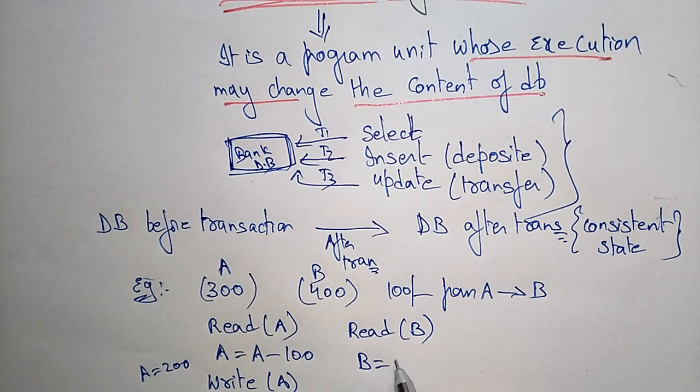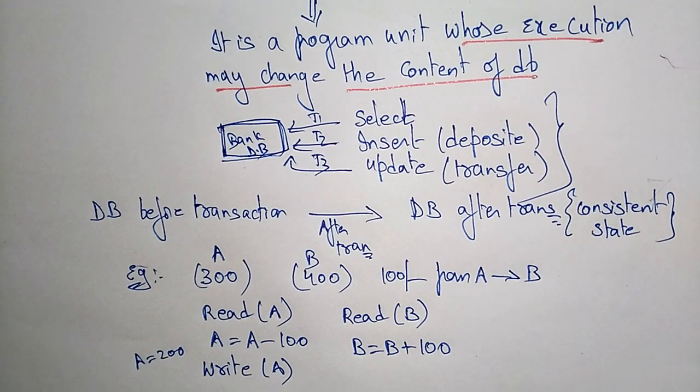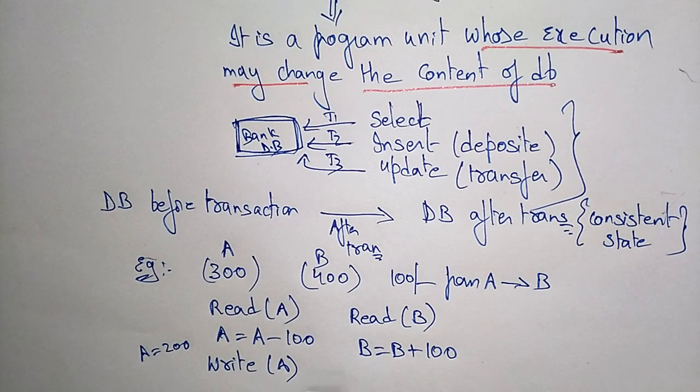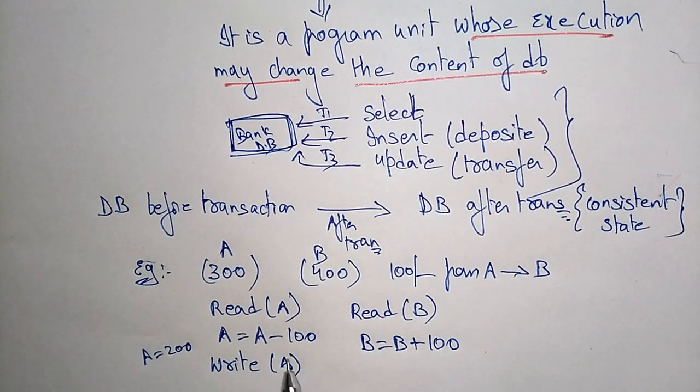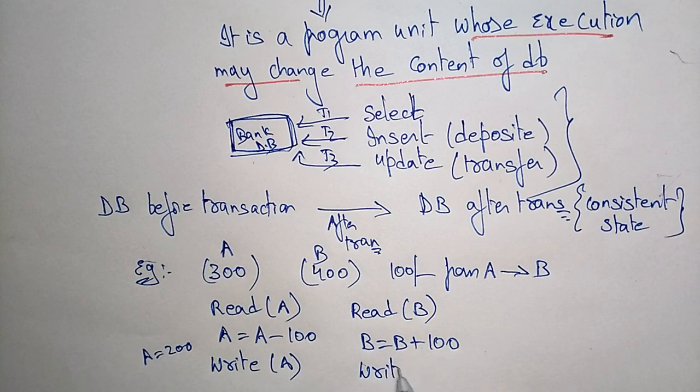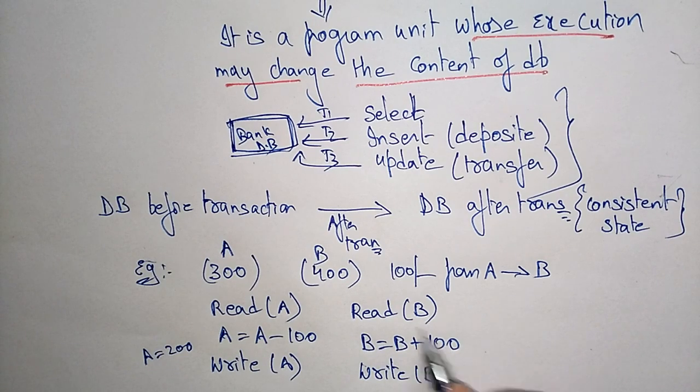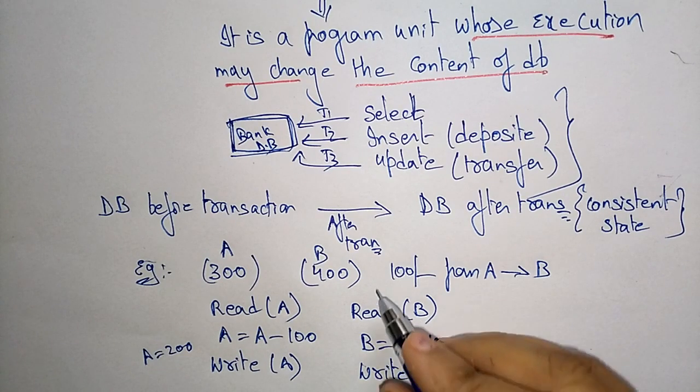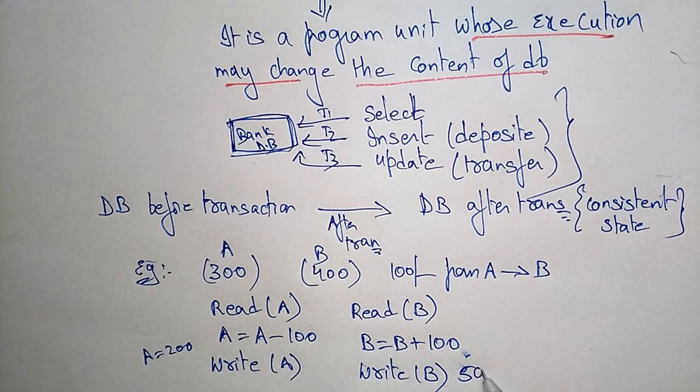B equals B plus 100, because the 100 taken from account A is transferred. This is a general mathematical problem: we remove 100 rupees from A and add 100 rupees to B. Now write B. So now the B value is 400 plus 100, that is 500.